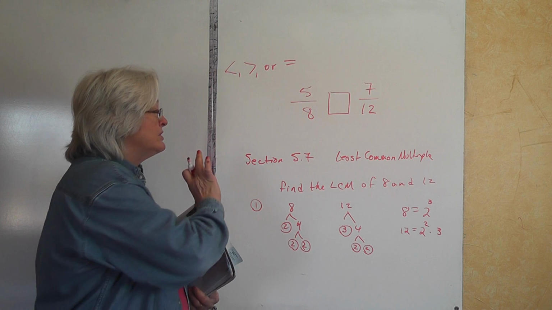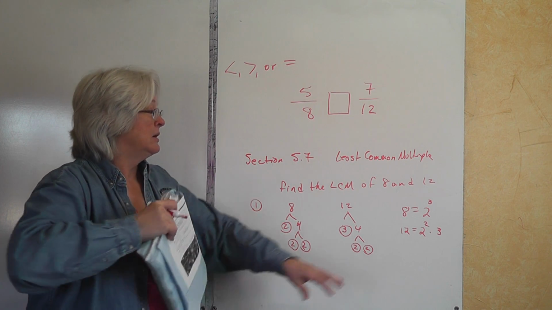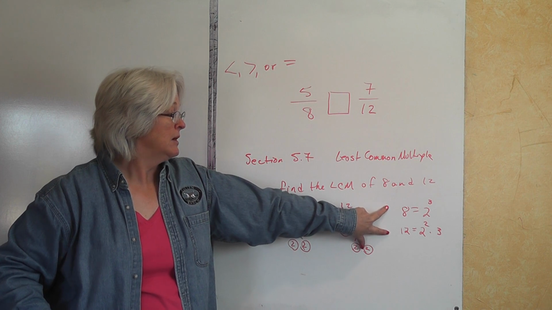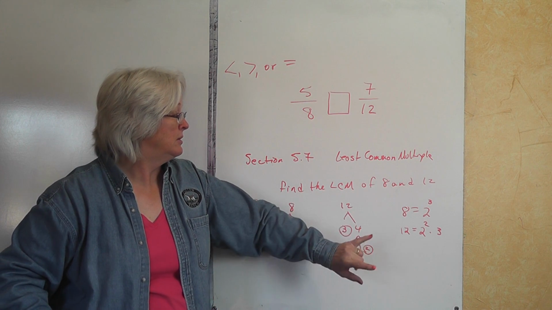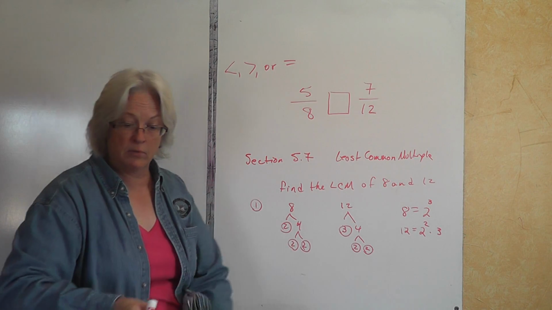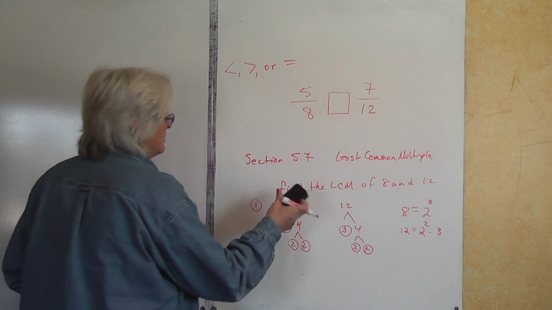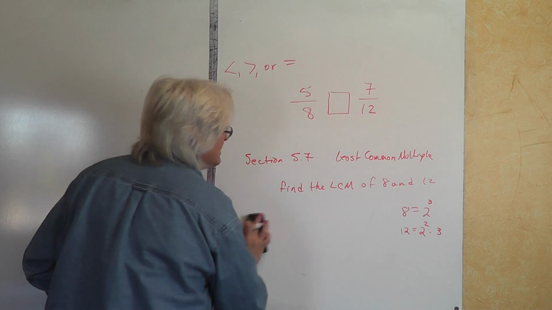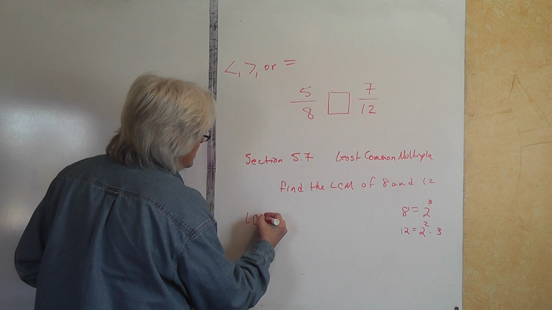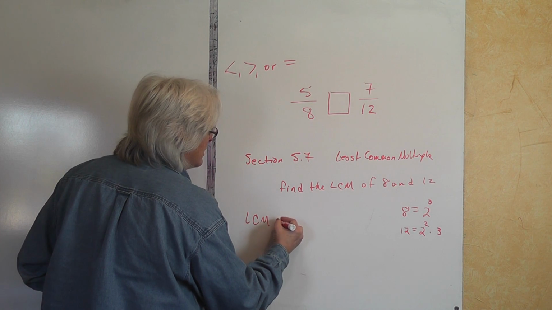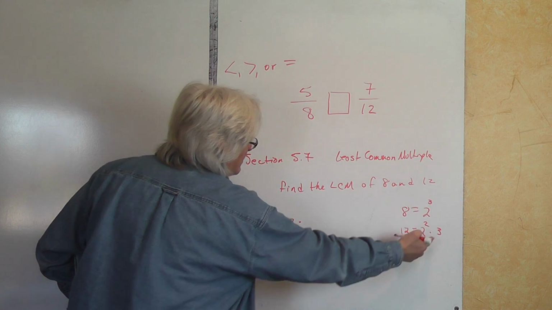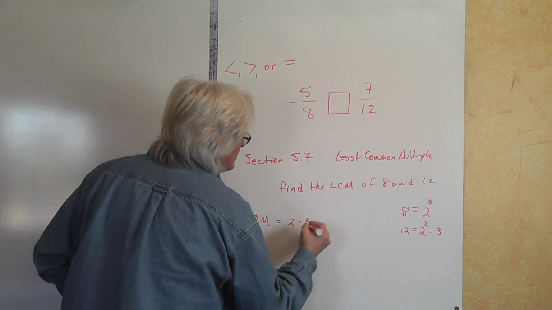Once you have found the prime factored form of each number, this is how you find your least common multiple. You take each individual prime factor. We have a prime factor of 2, and we have a prime factor of 3.